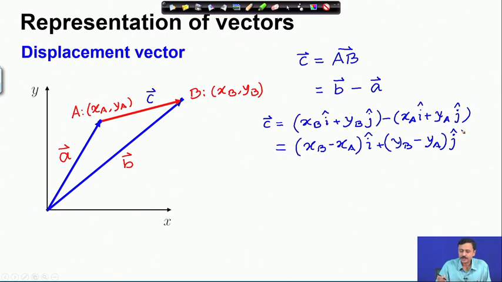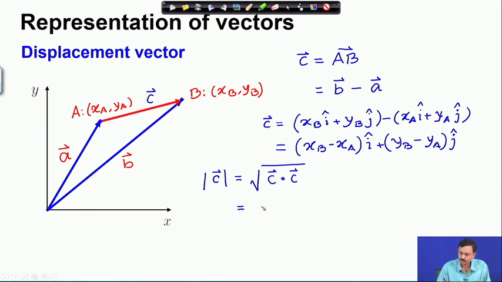Now, if you want to find out the magnitude of vector c, that you know is square root of c dot with itself.